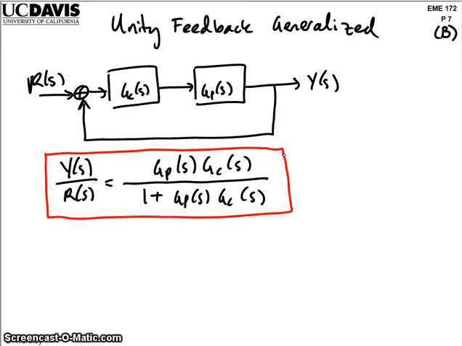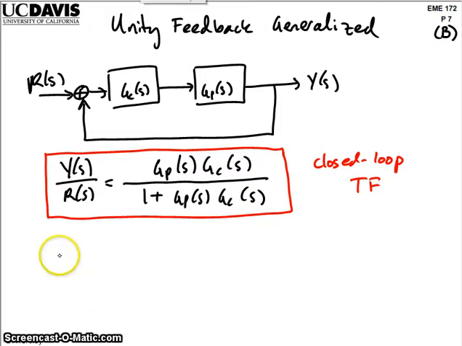Now if you look at it, this is a closed loop transfer function. If you remember, the roots of the numerator are the zeros, and the roots of the denominator polynomial are the poles.